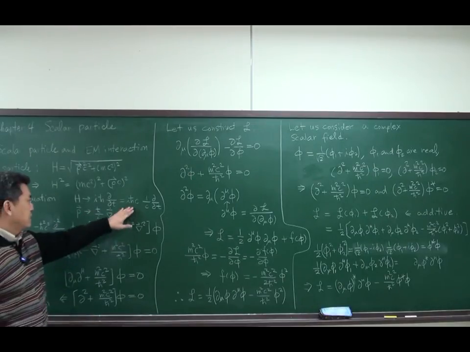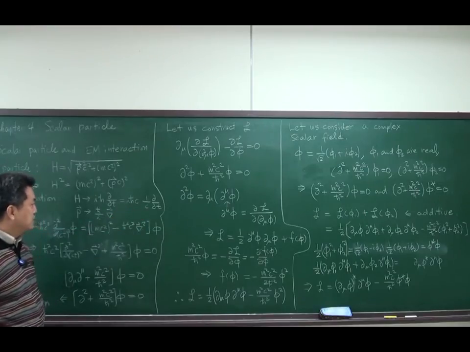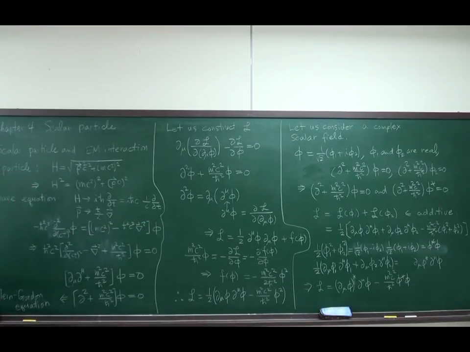So I have multiplied the speed of light and divided by speed of light. We substitute this Hamiltonian and momentum operator into this equation and substitute the wave function. Usually it is conventional to use phi for the scalar wave function.